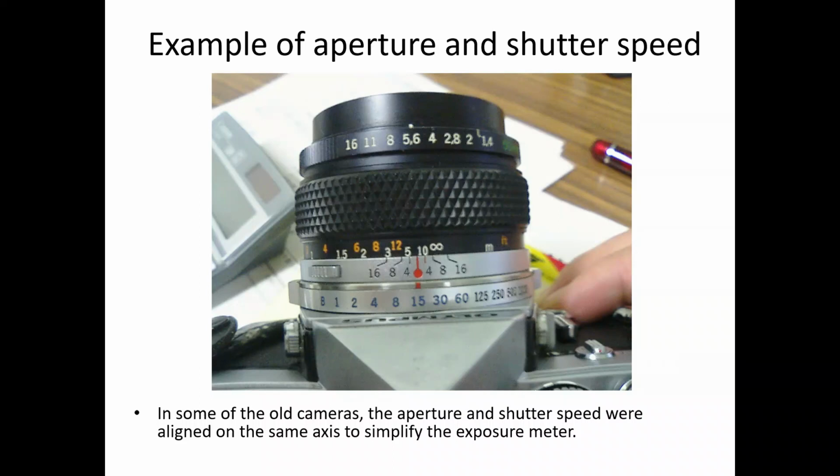Okay, so you will see the bottom one is shutter speed, and the middle one is the focal length. So you have to adjust this all the time to avoid blur, and the top one is aperture.